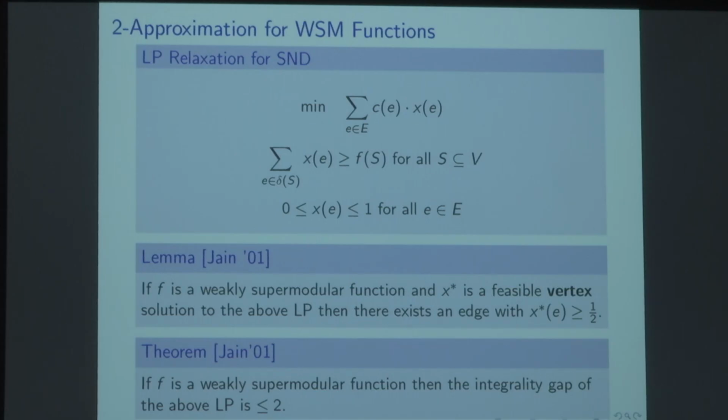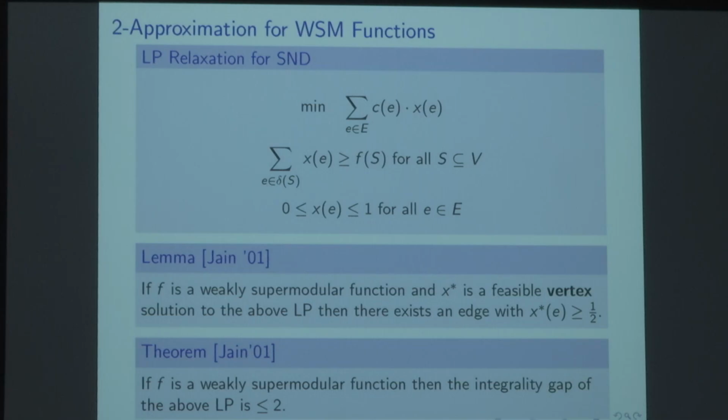So you solve this LP optimally, find a vertex solution, and show that there exists an edge with value at least half. Then you set this edge to be equal to 1, and hence you lose a factor of 2 here. Then you can continue like this, and overall you will get a factor of 2.